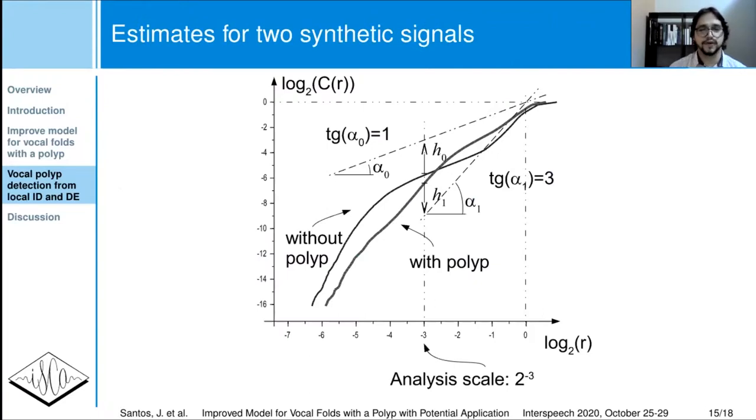So we performed this estimation and we could see that we have a significant difference in the analysis scale of 2 to the minus 3. Here, we could see that vocal folds with polyp produced voices that seem to be in a higher dimension, more specifically here in a three-dimensional space, while the trajectories from the voices without polyp seem to be in a lower dimension, more specifically one-dimensional.